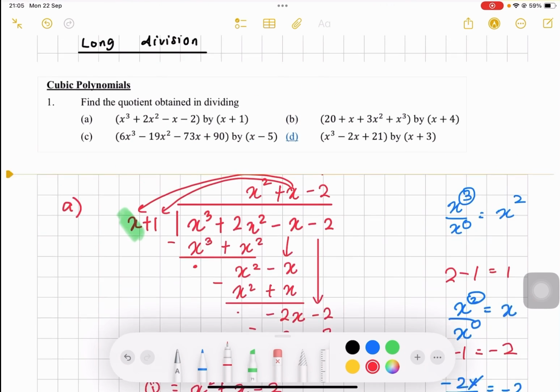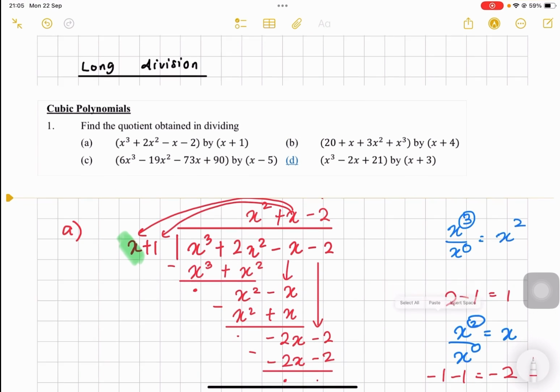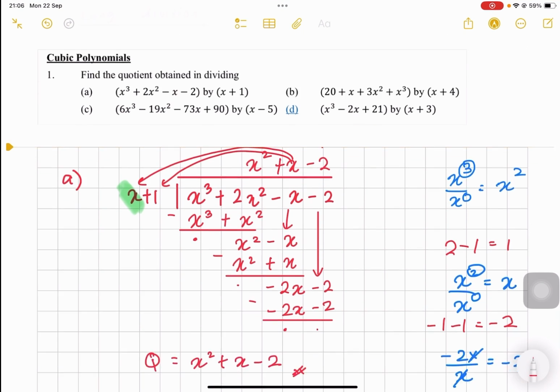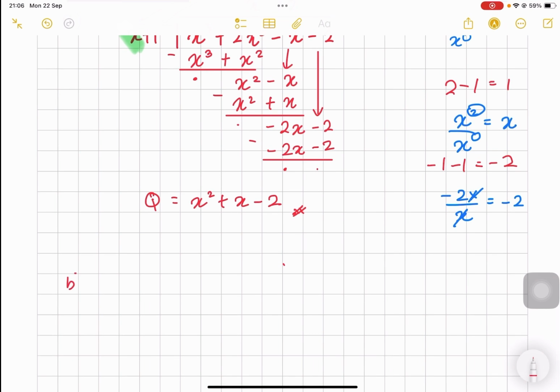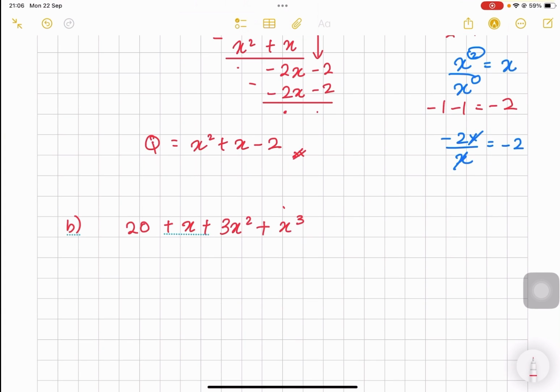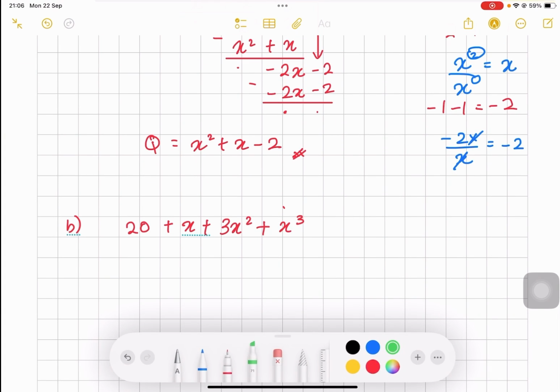Okay, let's see question B. This is a bit different. As you can see, the arrangement is different from question A. Let's just copy the question first: 20 plus x plus 3x squared plus x cubed. We have to make sure that the degree is decreasing, but now instead they're increasing. 1, 2, 3, and the 20 is x power of 0, so you need to arrange first.